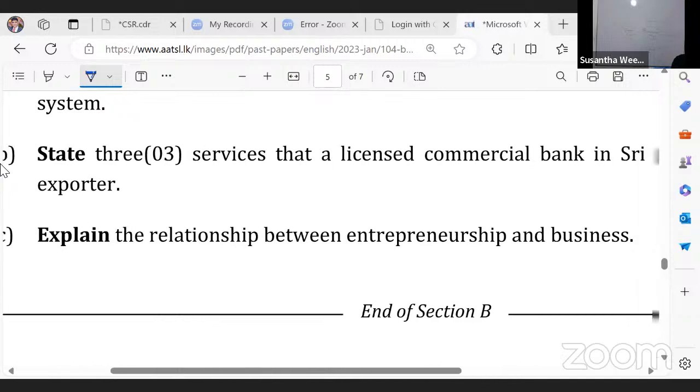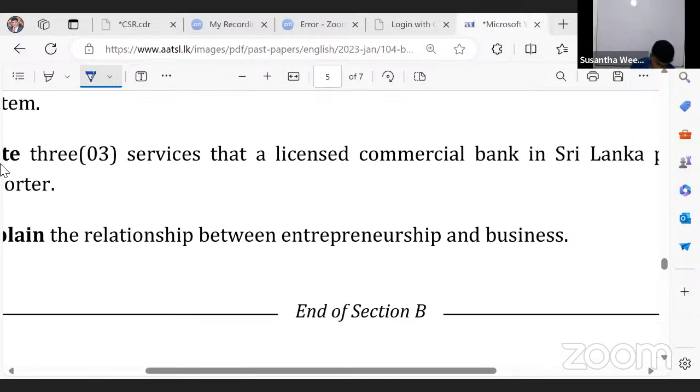Explain the relationship between entrepreneurship and the business. Right. Normally, entrepreneur, right? The entrepreneur is the one combining all other factors of production in a business.